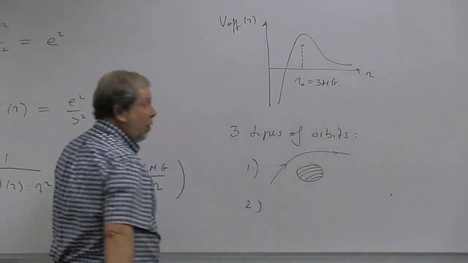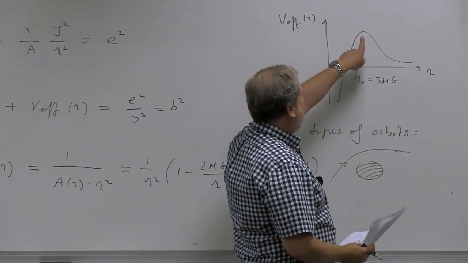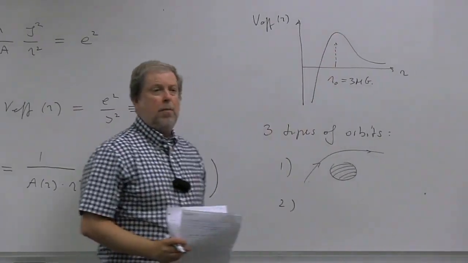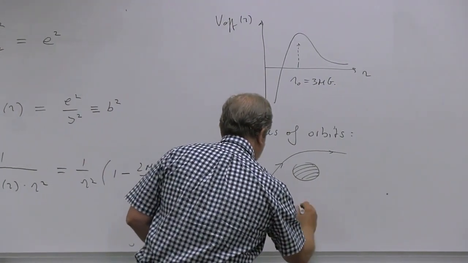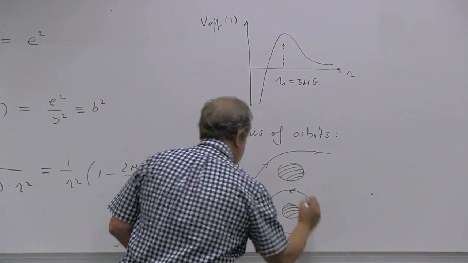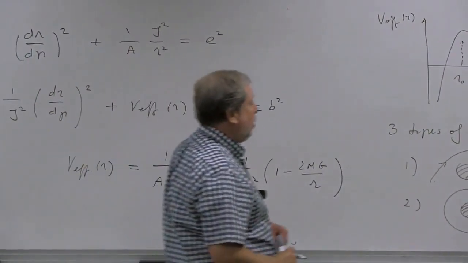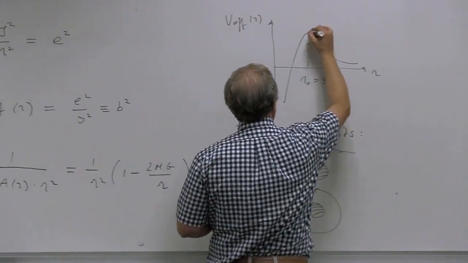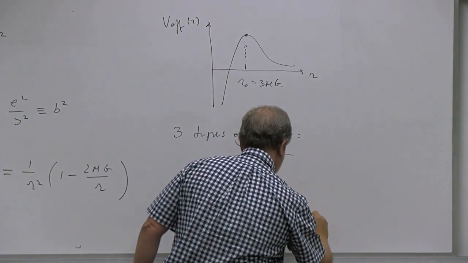Now, if the energy is just right and the particle sits on this maximum, then of course you can have a stable orbit. So for a photon, you can have an orbit like this, and I say it's stable, but it's actually not stable. It's highly unstable because it is exactly at this point here. So this is unstable.